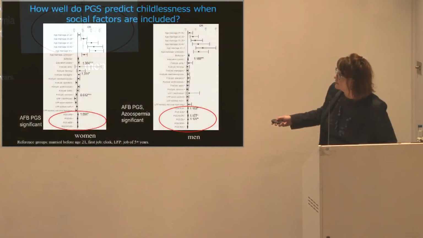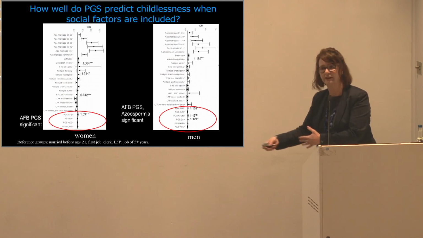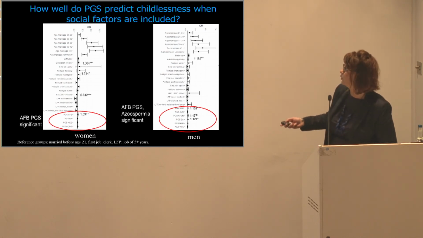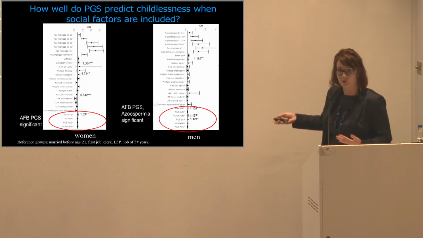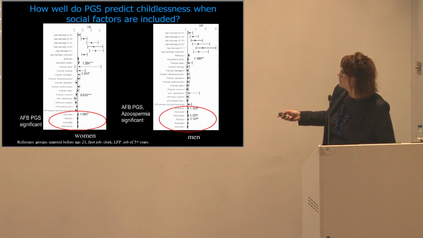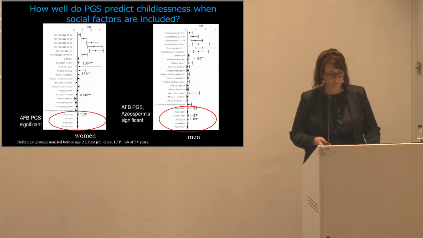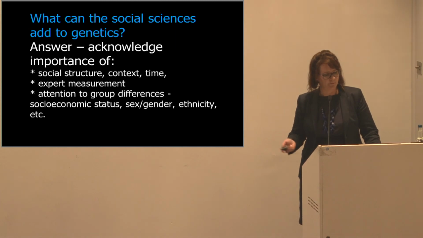But we find that if you have the polygenic score for having a propensity to have children later, that seems to play a role as well. When you include social factors as well, the genetic factors aren't entirely explained away. And for men, even though it was a small GWAS, sperm defects were very important, as were these markers that we had found.